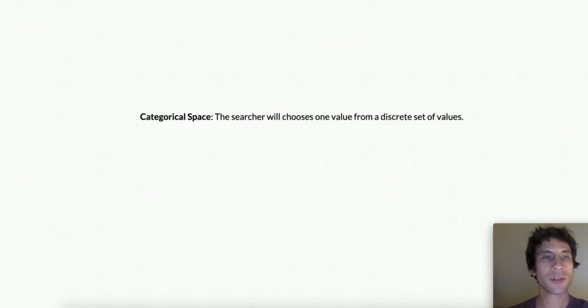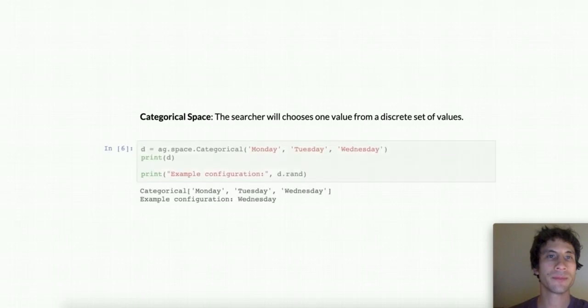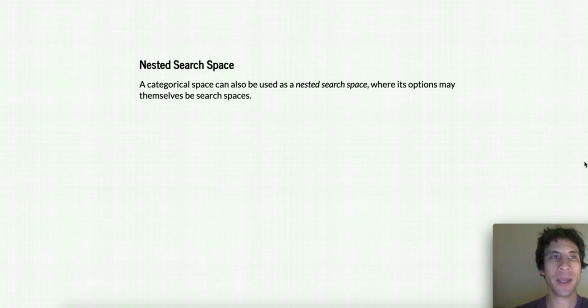A categorical search space is one that consists of a discrete set of values from which the searcher should choose one option. The first value listed corresponds to the default setting that will be tried during the first trial of HPO. A categorical space can also be used as a nested search space, where its options themselves may be search spaces.